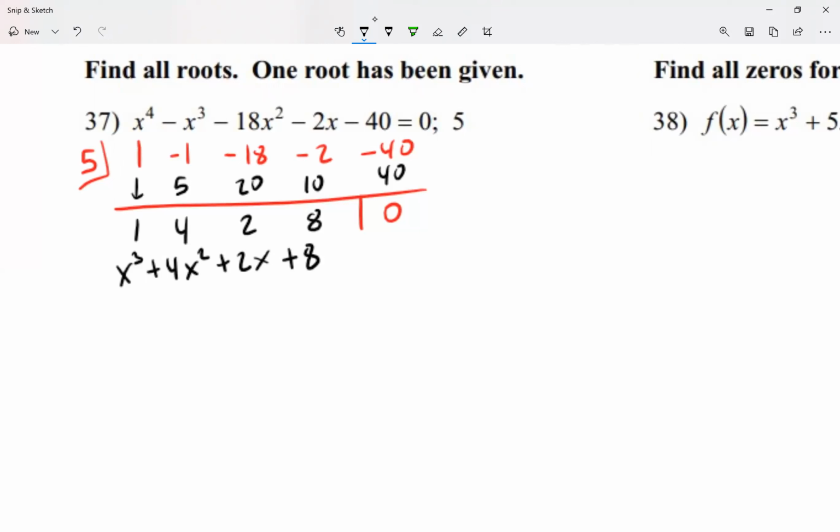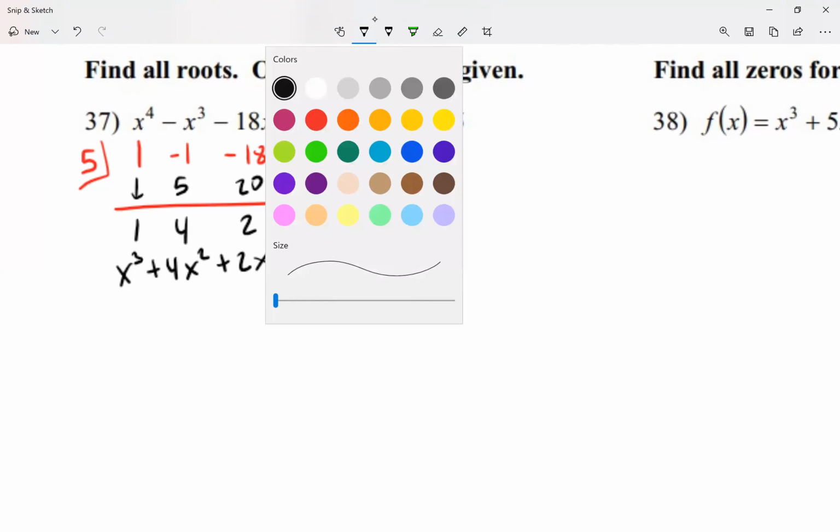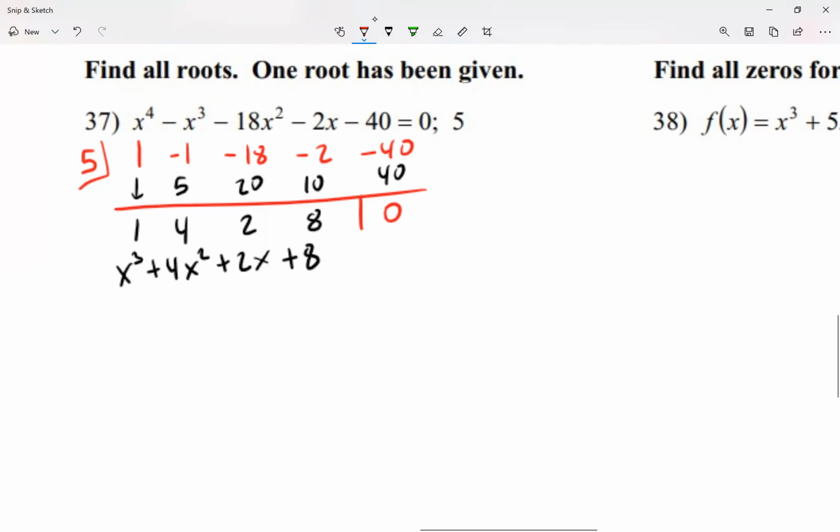I cannot use the quadratic formula because it has to be x to the second. I'm going to say my possible roots: my exponent on the beginning is 1, and my factors of 8 are 1 times 8, 2 times 4.